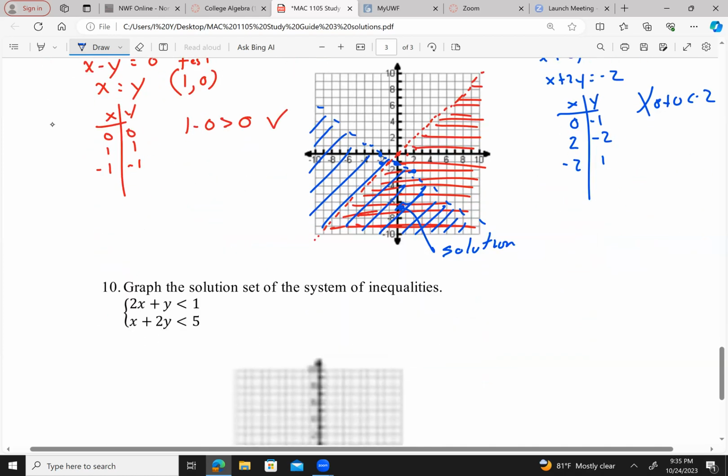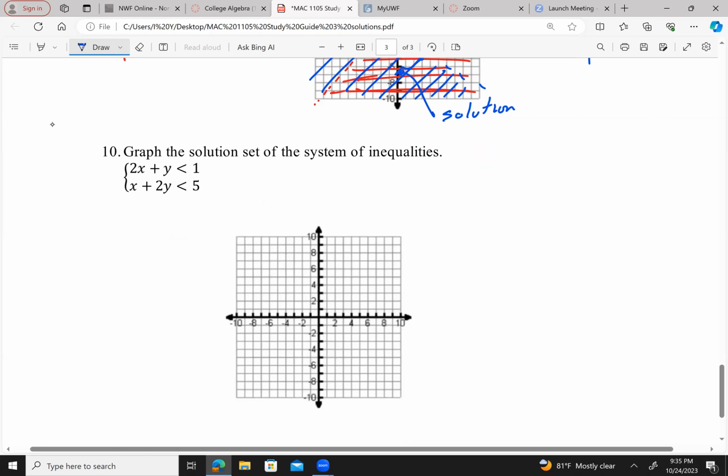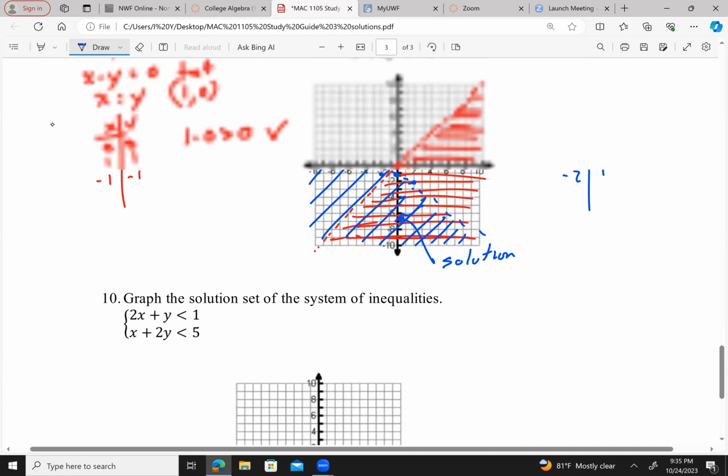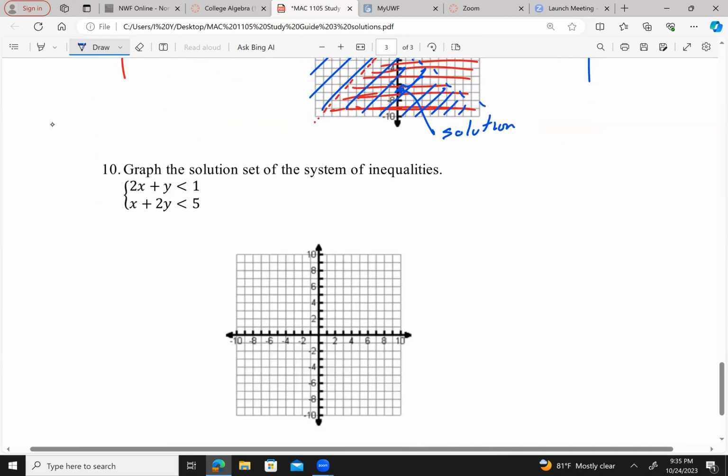Okay, last one. Graph the solution set of the system of inequalities. So we'll start with 2x plus y is less than 1. Again, it's strictly less than, so dotted line, 2x plus y equals 1. When x is 0, y is 1. When x is 1, y is negative 1.